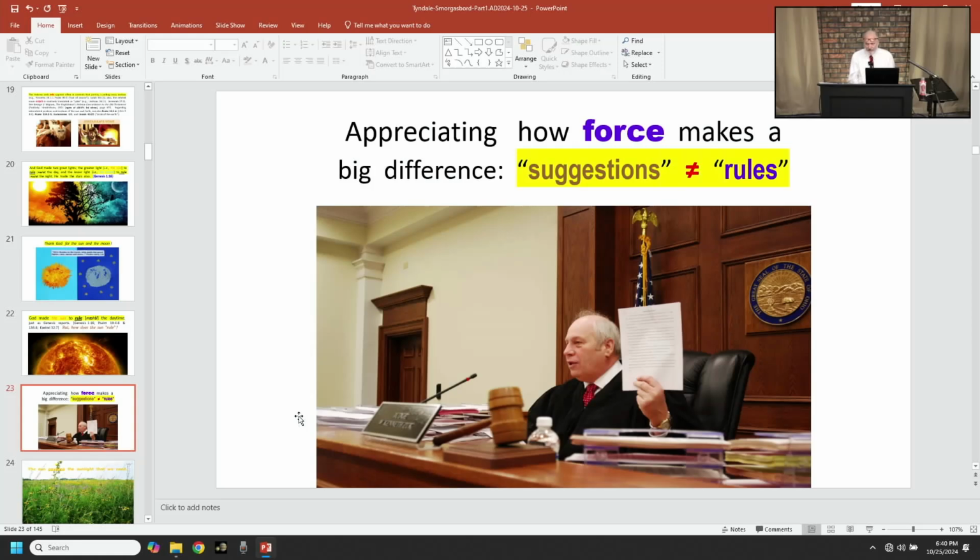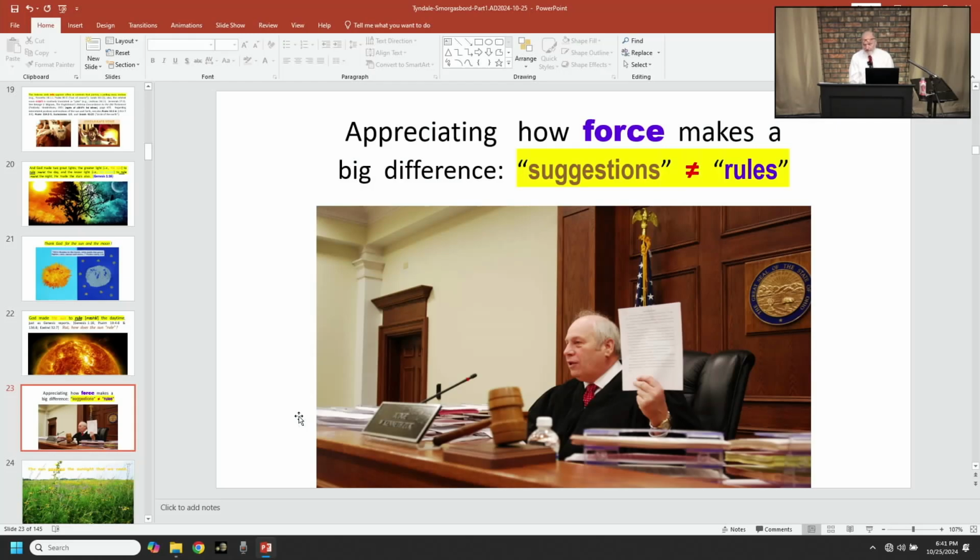Since 1996, I have served in a part-time capacity for the state of Texas as a trial judge. And one of the things that is a part of that context is that suggestions are different from rules. Suggestions, you can do them or you can choose not to do them.